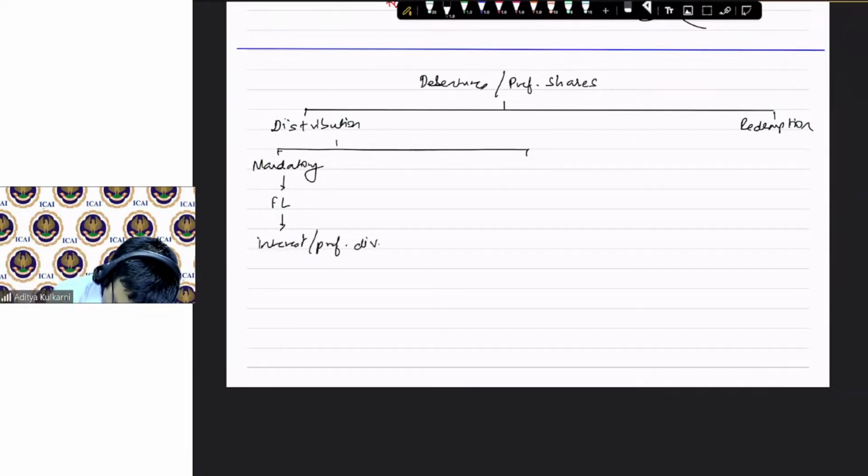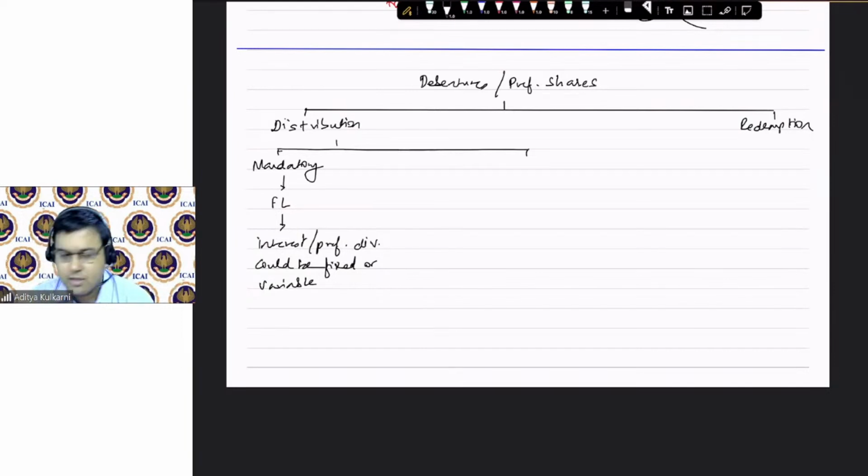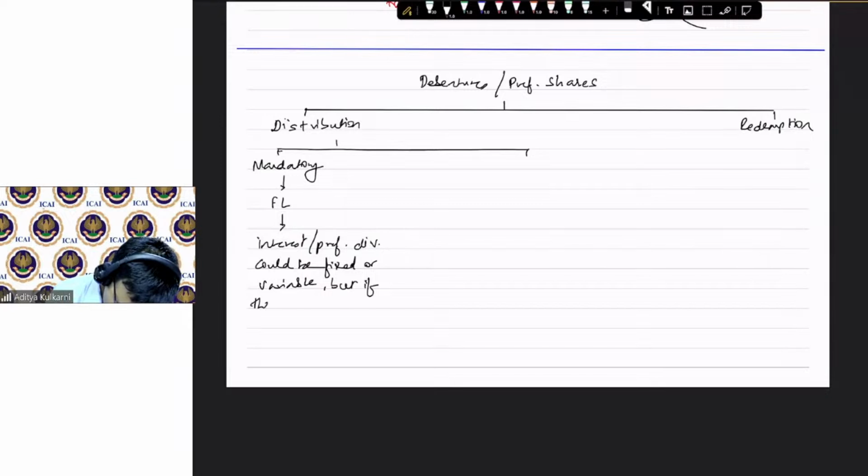Okay, interest / preference dividend could be fixed or variable. I'll come to your question, Sriram. Okay, interest / preference dividend could be fixed or variable. But if the stream of distribution is to be paid in cash, it is a financial liability.